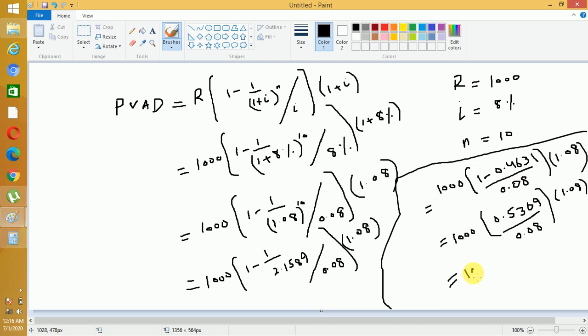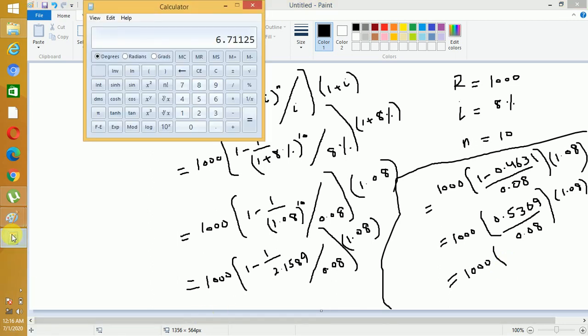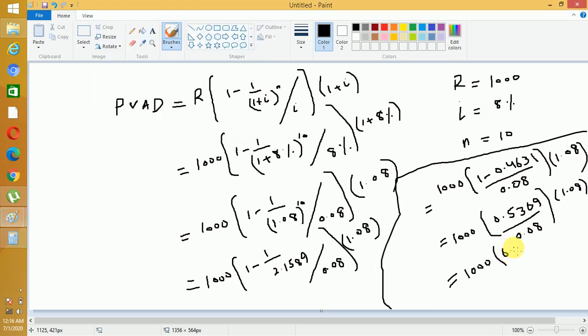So 1000 multiplied by 6.71125. It is enough up to this point. Multiplied by 1.08.